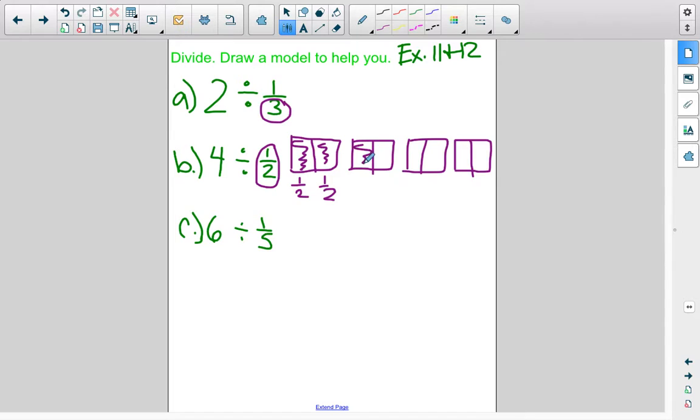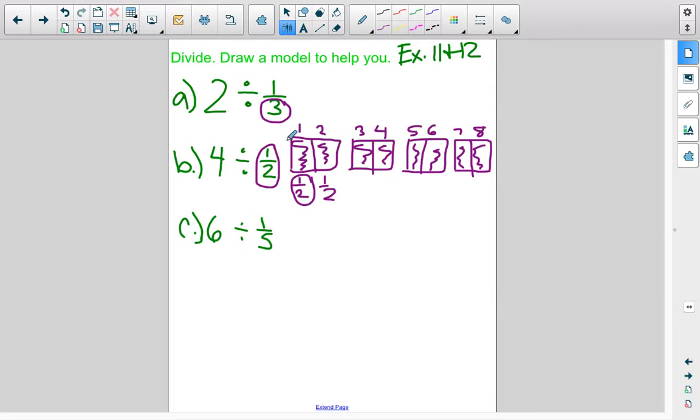And so on for each half. Well, how many groups of halves have we created now? We've created 1, 2, 3, 4, 5, 6, 7, and 8.